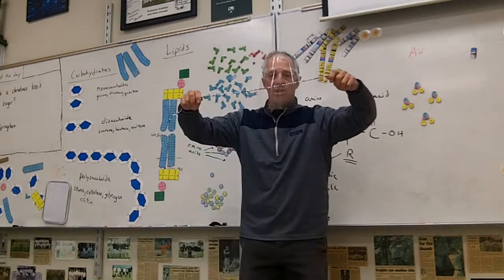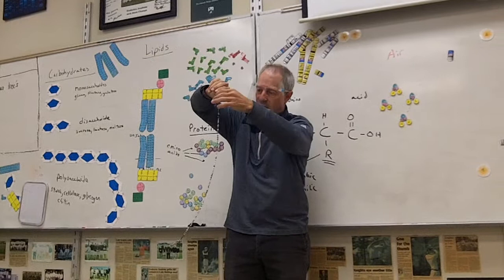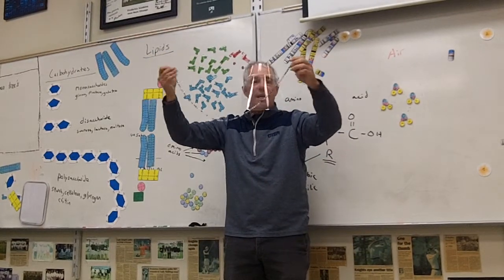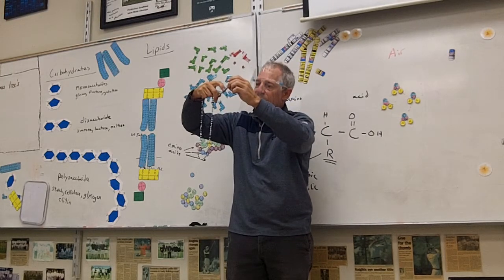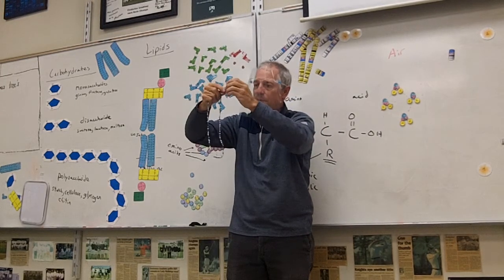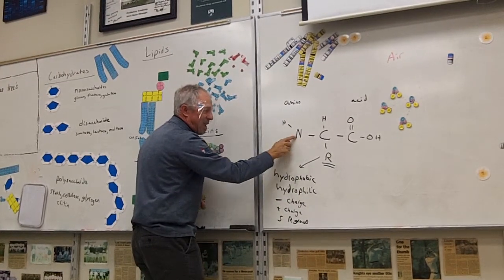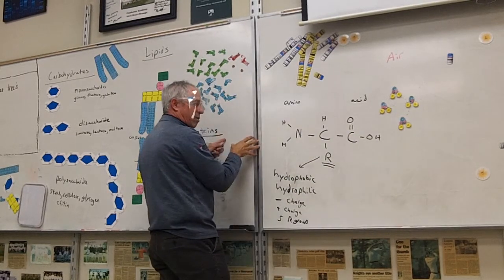We call this the primary structure of a protein. It's a long chain of amino acids. They're covalently bonded to one another. Do you know what we call bonds between amino acids? Peptide bonds. It's a bond between this nitrogen and this carbon on the next one over.